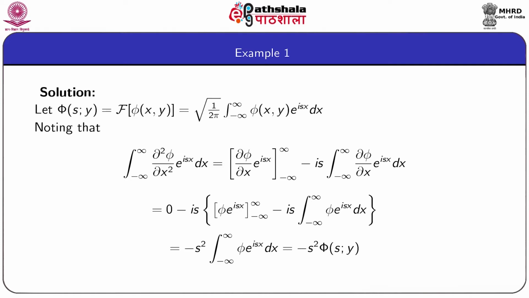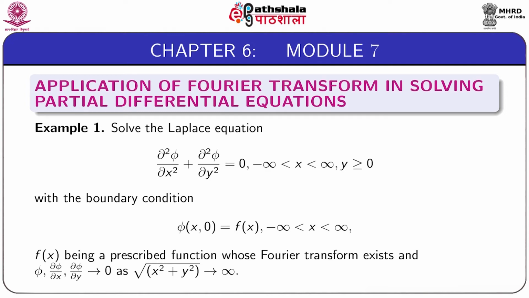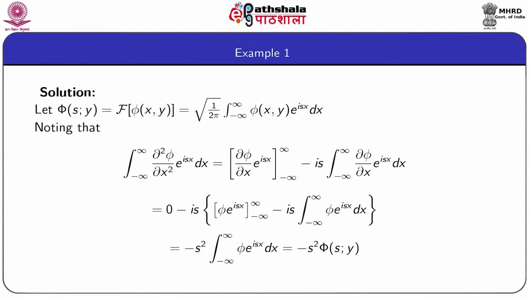Now, from the condition that φ, ∂φ/∂x tend to 0 as √(x² + y²) tends to infinity, the first term here is 0, and so we write 0 for the first term minus is.